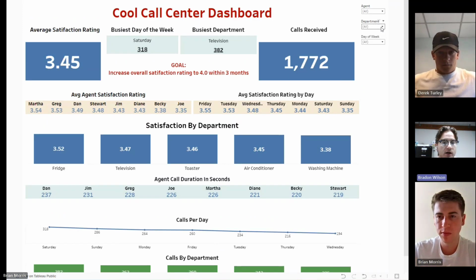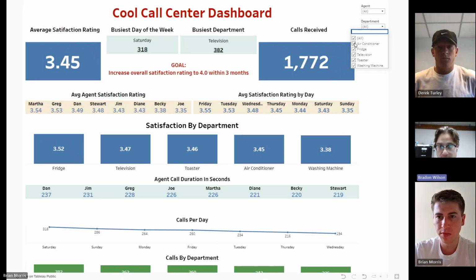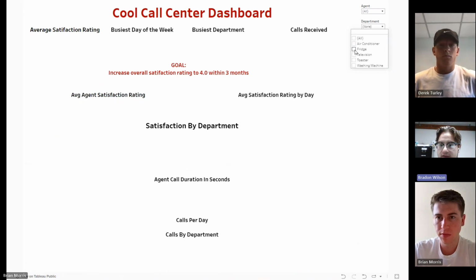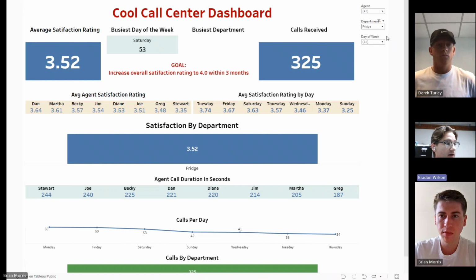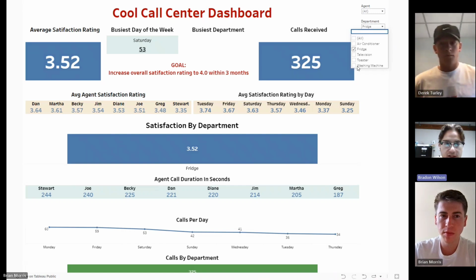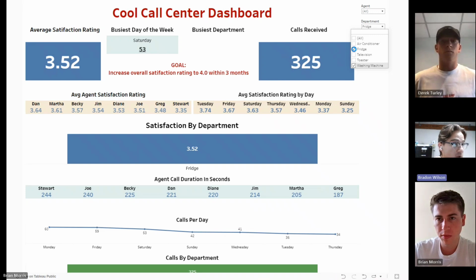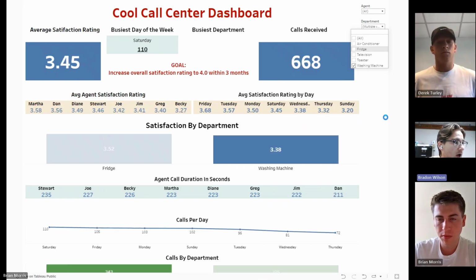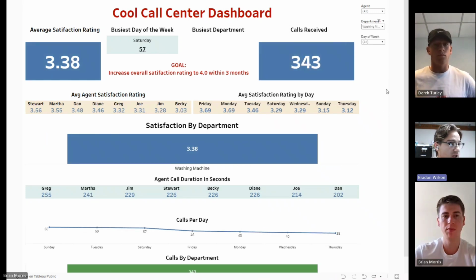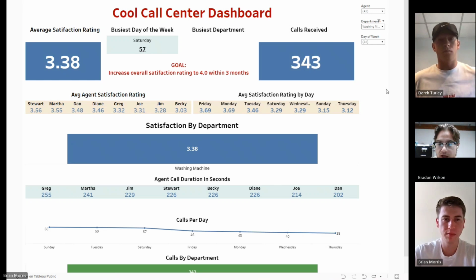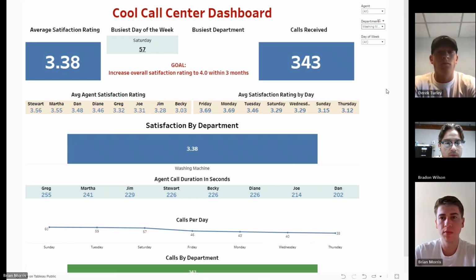Awesome. Yeah, thank you, Brian. We decided, like he was saying, to base it off of our satisfaction rating. And that being said, our highest is Fridge at 3.52, which is significantly higher than our average at 3.45. And our lowest would be the washing machine, which is at 3.38, which again is significantly lower.